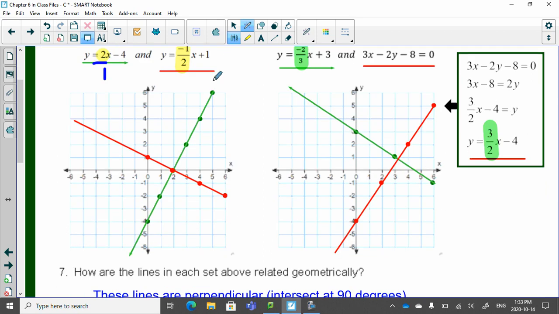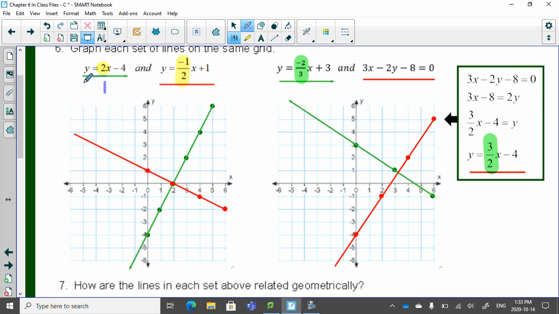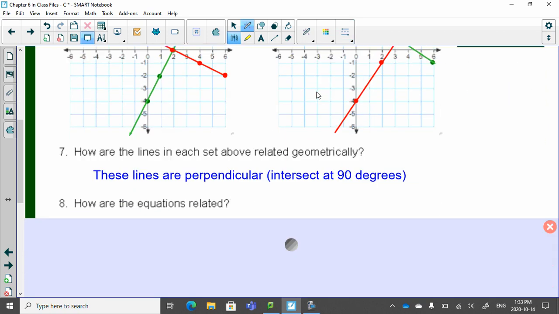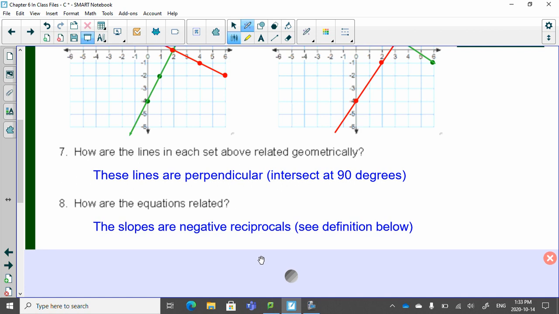This is called a negative reciprocal. You take your slope. If it's negative, you make it positive. If it's positive, you make it negative. You switch the sign, and then you also flip the fraction. So slopes that are negative reciprocals, for example, 3 over 4 and negative 4 over 3, are perpendicular slopes. 3 and negative 1/3.